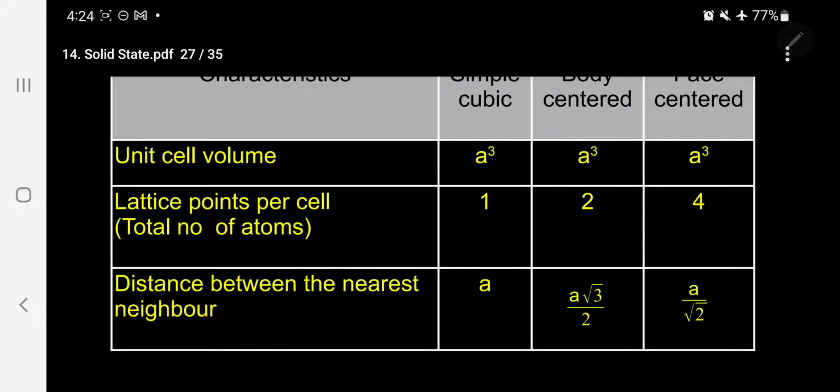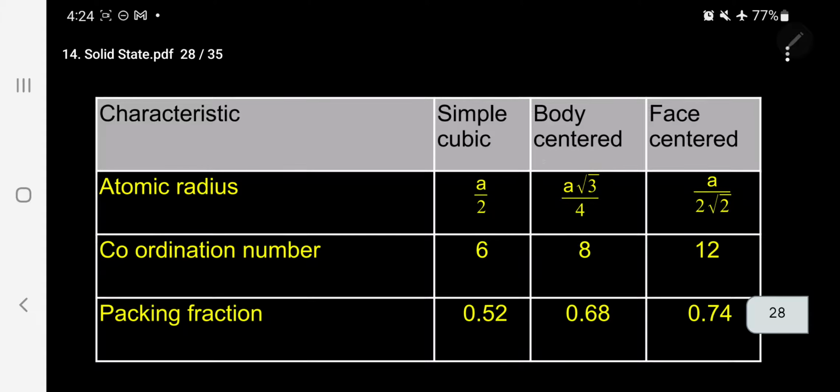What they are asking is R, the atomic radius. For R: simple cubic a by 2, body centered a root 3 by 4, face centered a by 2 root 2. So only this we have to memorize, and you can find the answer.